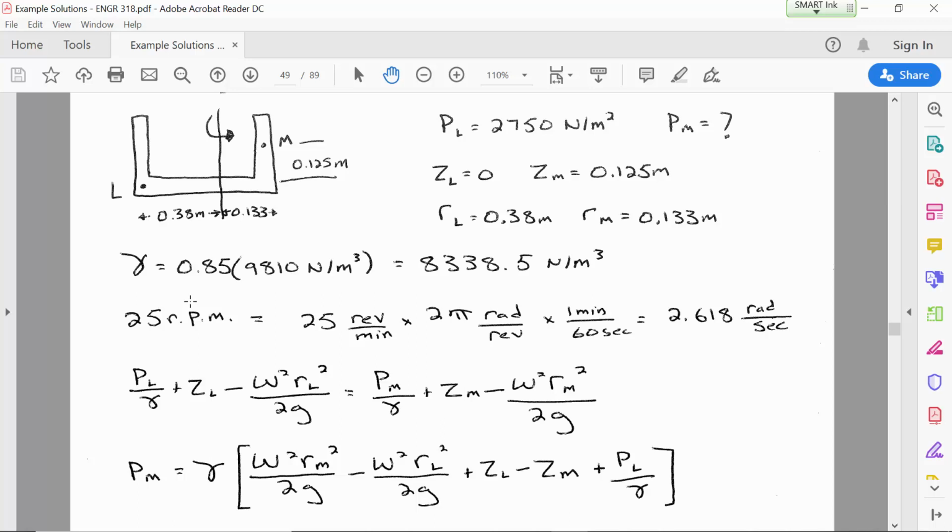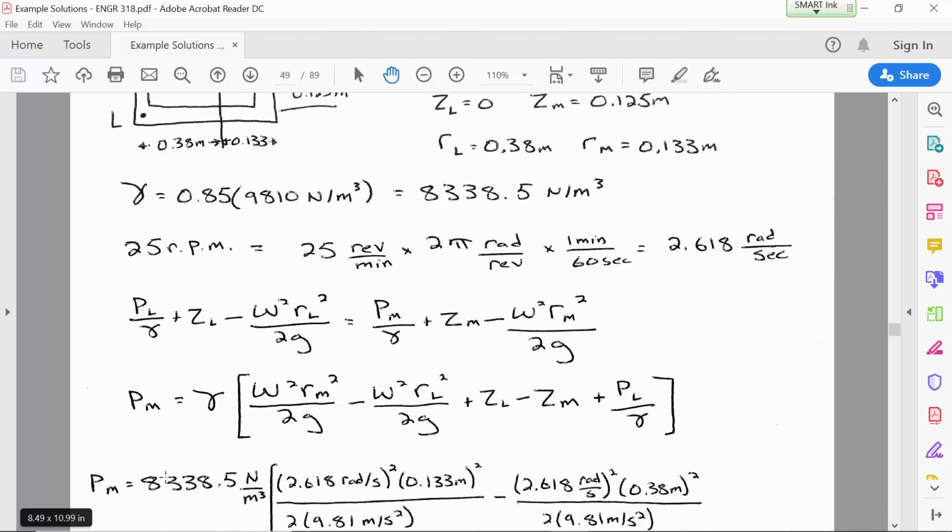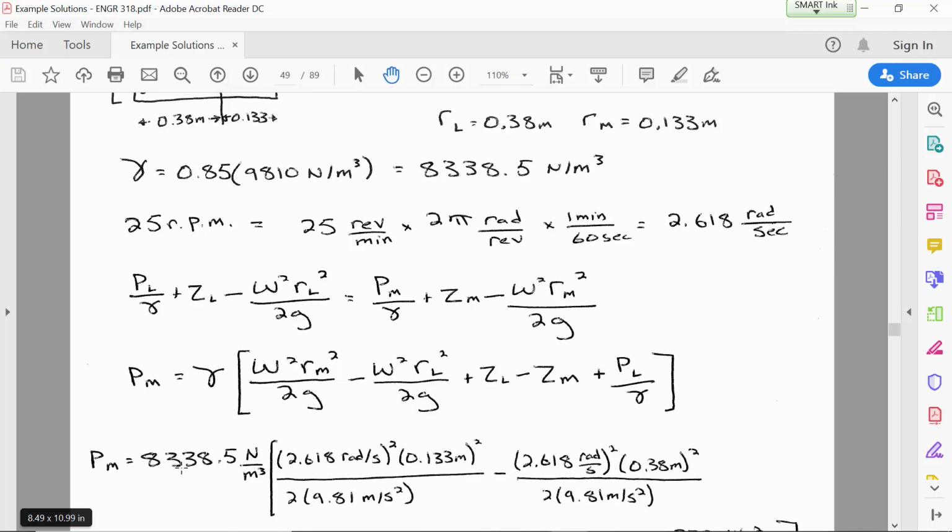The other thing we have to do in the preliminaries is use the specific gravity to calculate the unit weight of this particular liquid that's in the U-shaped tube. Rearrange to solve in terms of the pressure at the unknown location. And when we substitute in the numbers, some of the common mistakes that I see is people forgetting to square one of the terms. That's a pretty common mistake, like on quizzes and exams.